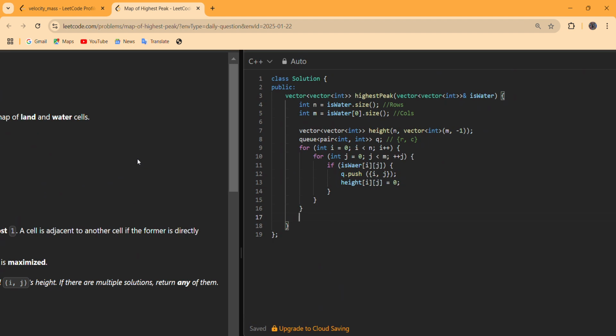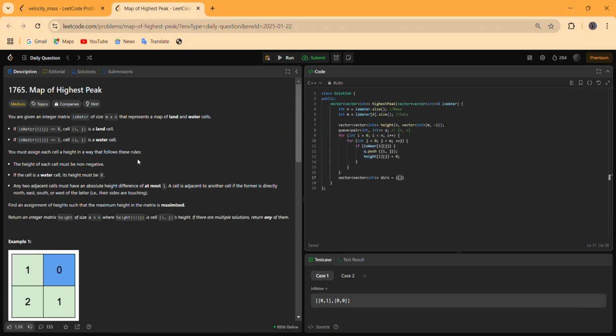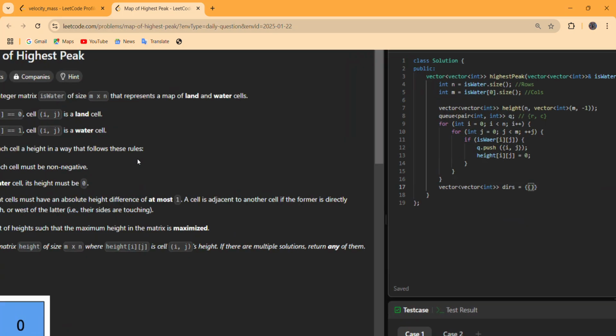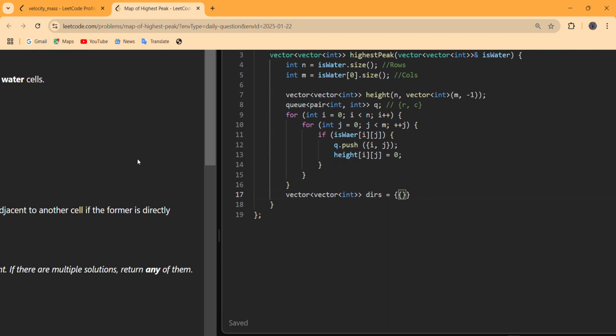Now, since we have to move in the four directions for every cell, we have to maintain a directions vector of vectors, which should be like this. This -1 comma 0 represents the above row and same column, and then 0 comma 1 means the same row but the column should increment by 1.